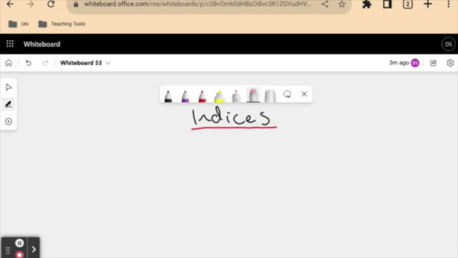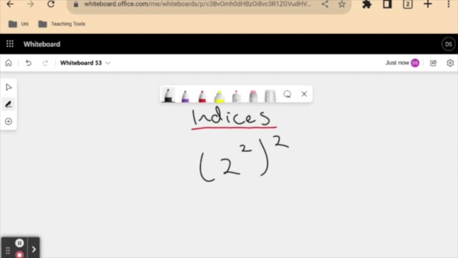Now, we're going to look at the effect of taking the power of a power, right? So let's say I had 2 squared to the power of 2.